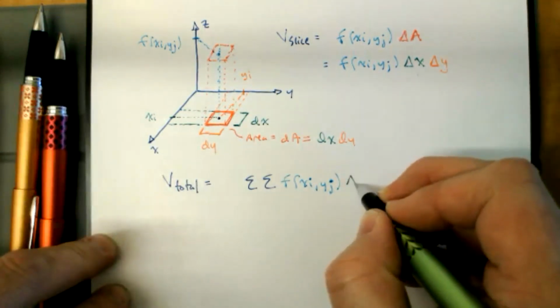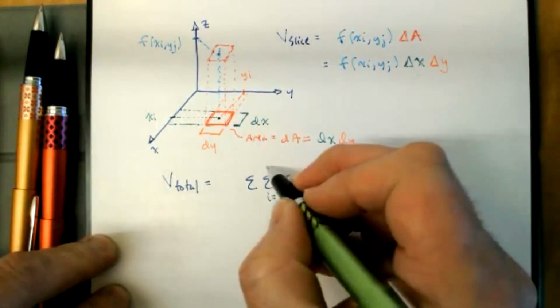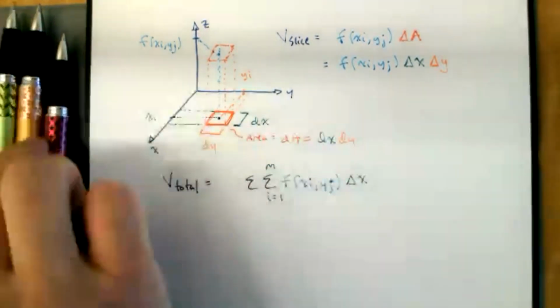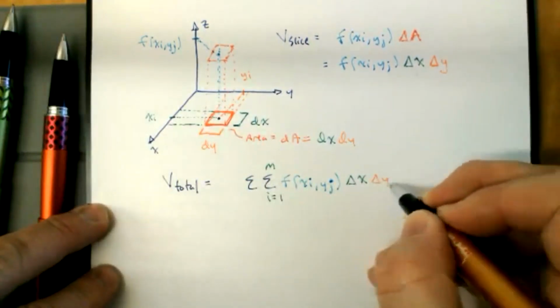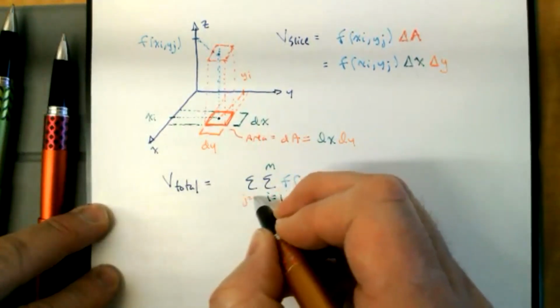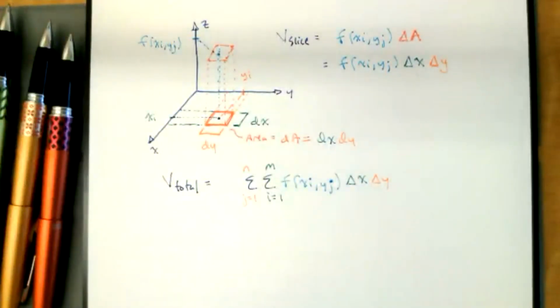So let's run the x's as i goes from 1 to m and run the y's as j goes from 1 to n. So it's the same procedure, the same assumptions, the same operations that we did in the Riemann sum for a function of one variable.